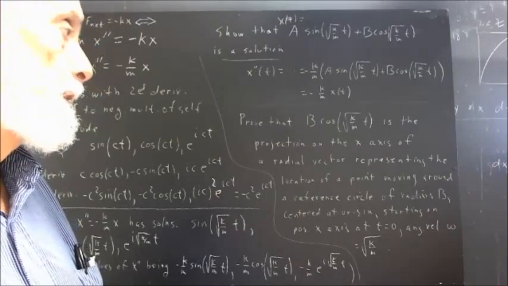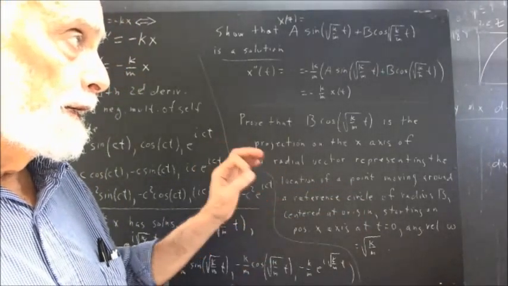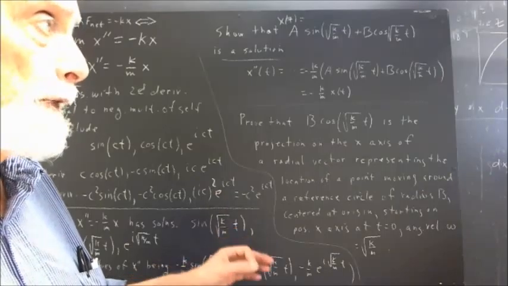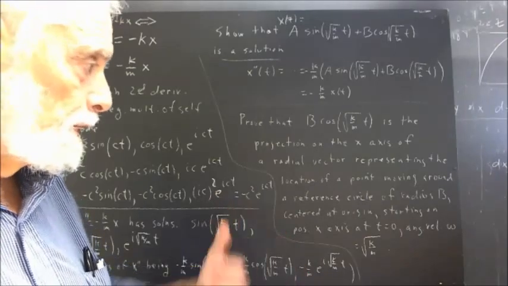Then think about what the location of that point would be at clock time t. See how much of that information you can assemble into a picture and into some statements.